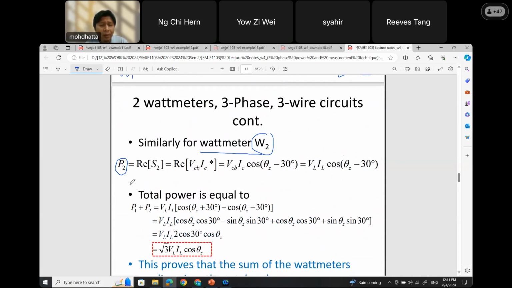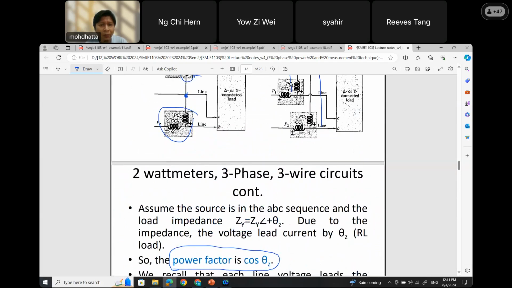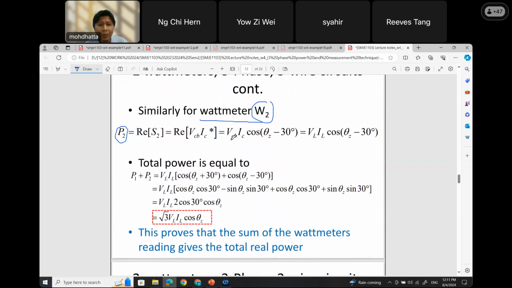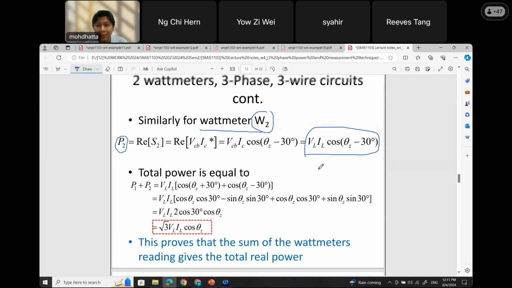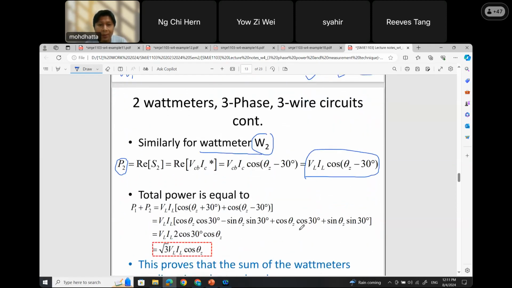You can calculate the value displayed over here by using this equation, VL IL cos(theta Z minus 30 degrees). It's slightly different from P1, where we have theta Z plus 30. Here we have theta Z minus 30 degrees. So please remember that.